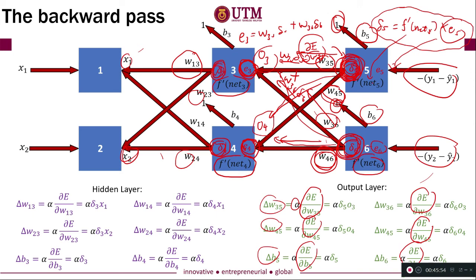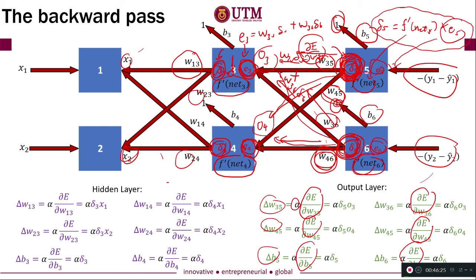Once you find E over here, you multiply with this F apostrophe, and you get this delta. If you want to find this delta, you must multiply this one and this one.